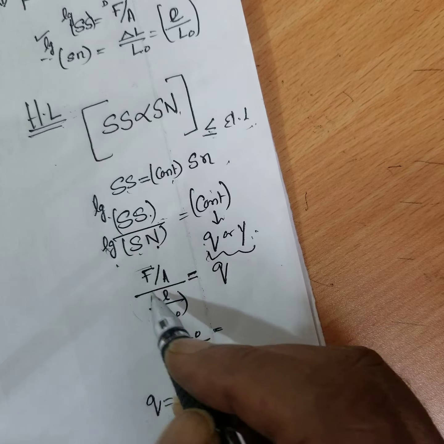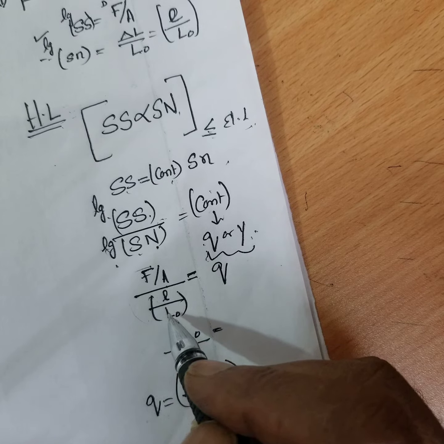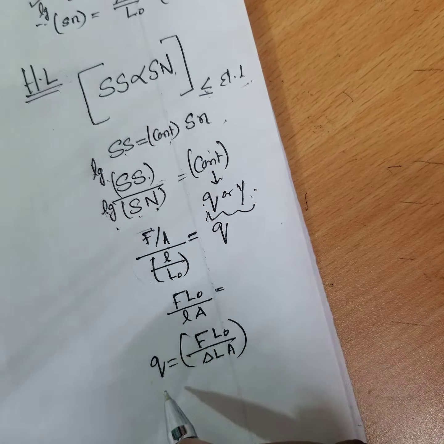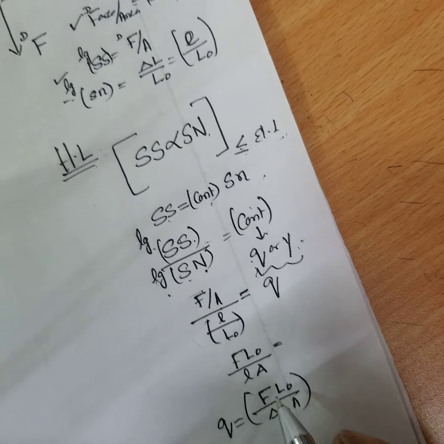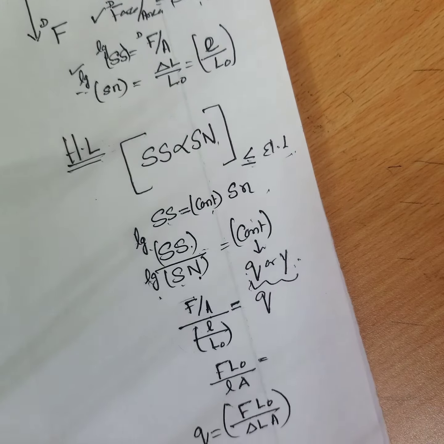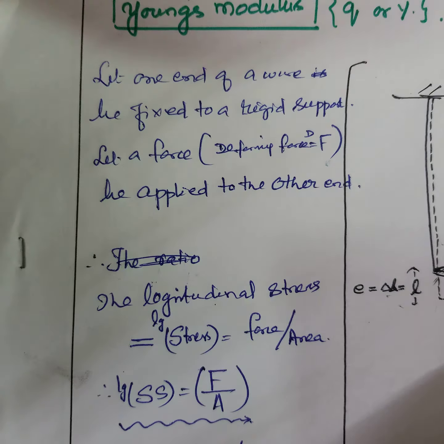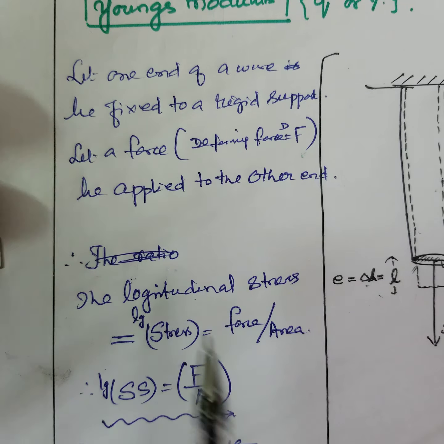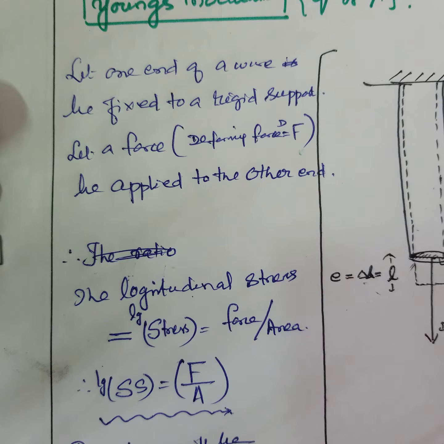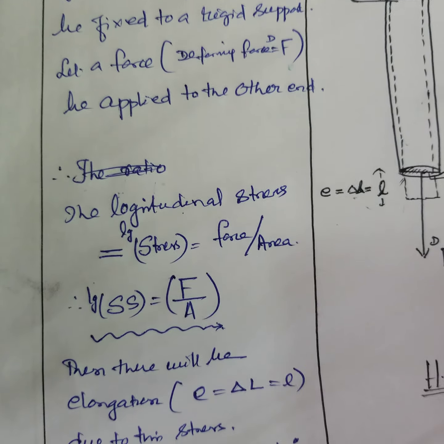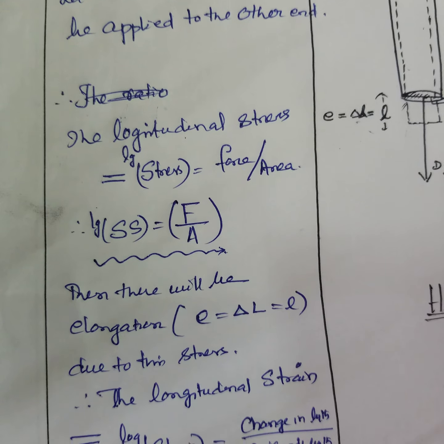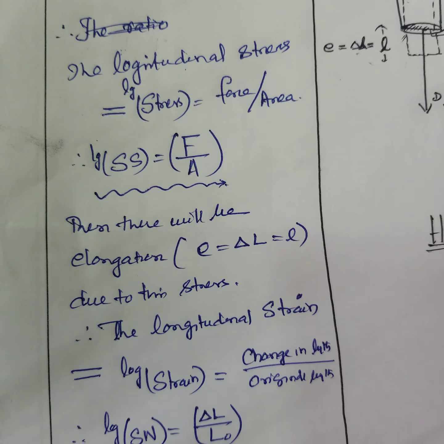You can get stress as force per unit area. This is deformation by original length; on simplification, you'll get this. Can you follow? See, the description is given here. Let one end of the wire, whatever I have done, I have given the descriptions here. You go through the descriptions.